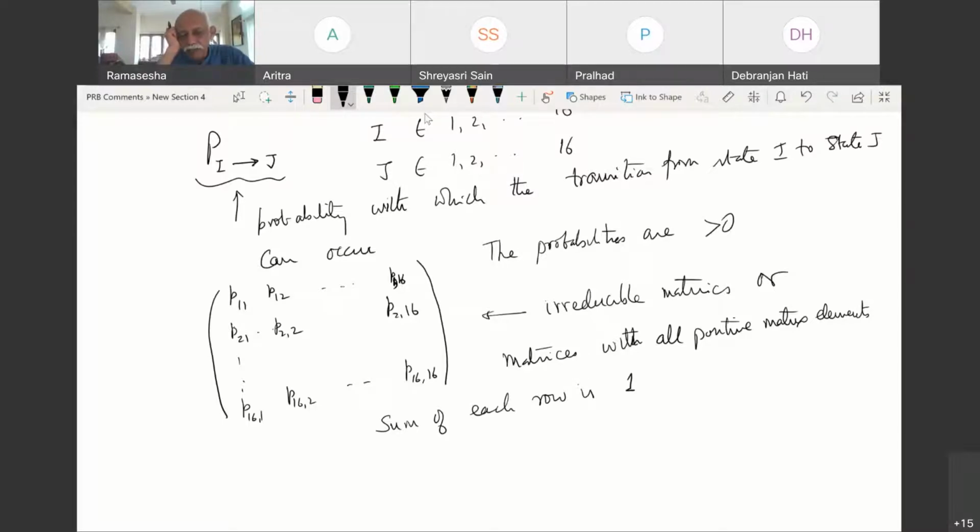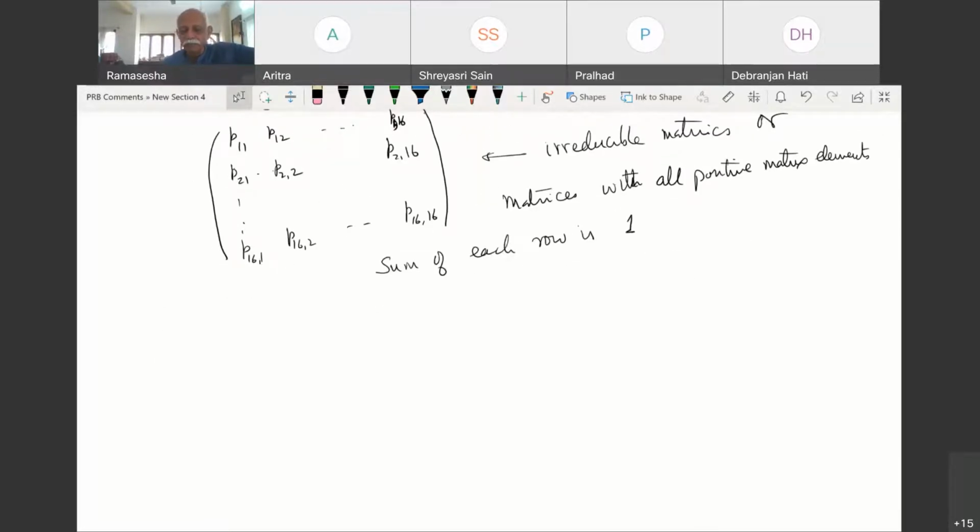The probability P11 plus P12, that is from making a transition from state 1 to either staying in the same state or making a transition to any of the other states, that should be 1. Okay, so this is one of the important things.